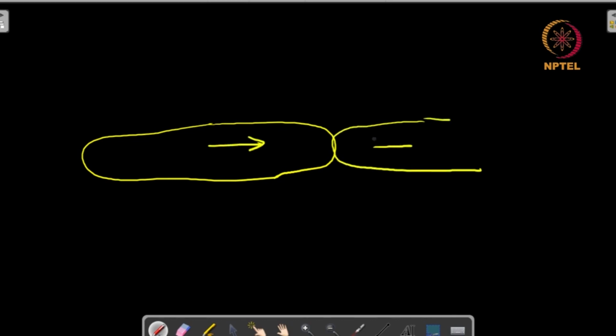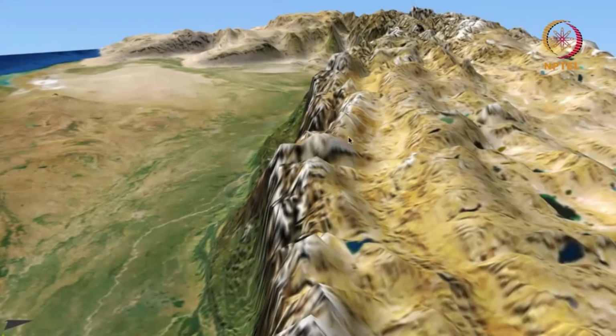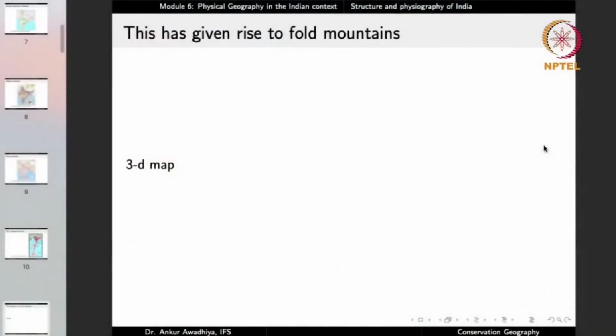Because of this relative movement, this portion gets crumpled, so it becomes up and down, something like this, which is what we are observing here. So you have ups, downs, ups, downs, and so on. These are the fold mountains. Essentially the crust has become folded in this region, because of which we call it a fold mountain.